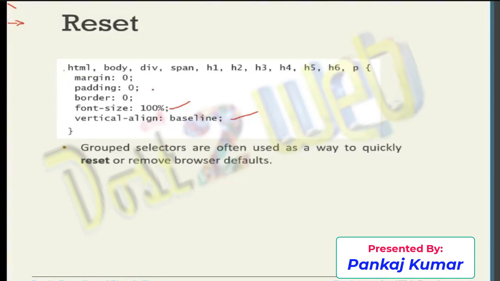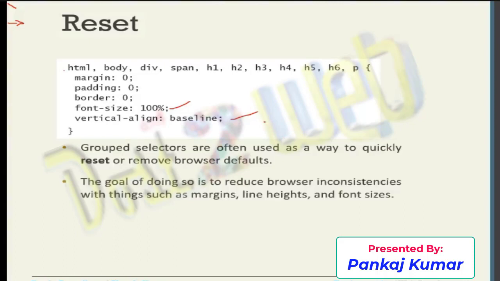Group selectors are often used to quickly reset or remove browser defaults. So it will be reset. That means what you are seeing by default will be defined. In the group selector, even if not defined, by default it will be available. The goal of doing this is to reduce browser inconsistencies with things such as margin, line height, and fonts.